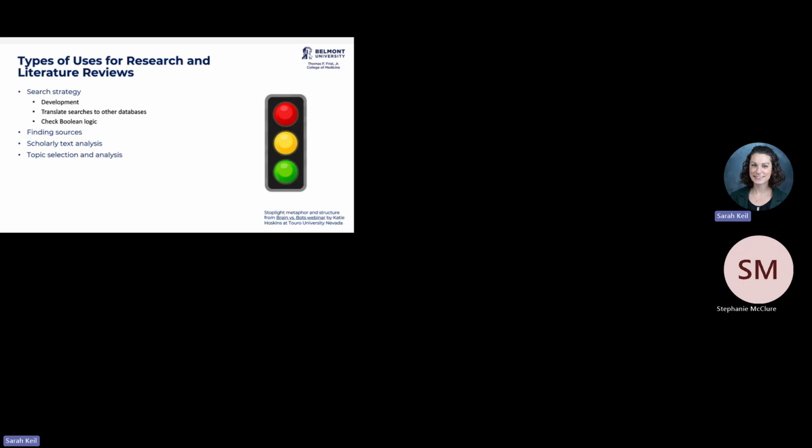And so from my perspective as a librarian, this presentation is going to be broken down into kind of like a stoplight metaphor. So what uses of Copilot should you probably stop or not use? What uses should be done with caution, and what we should continue to use and kind of give a green light to.